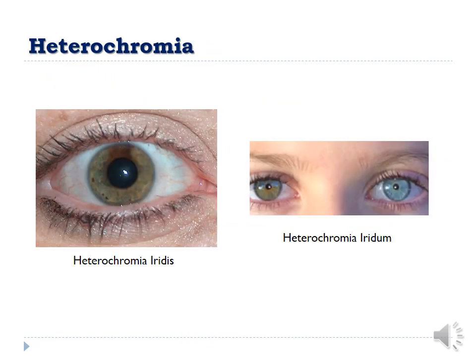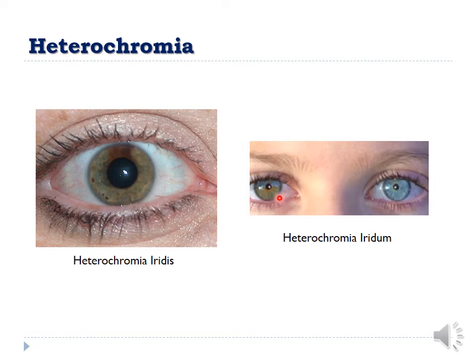Alright, in this slide we'll discuss something abnormal, a couple of disease conditions. When you look at these two pictures, let me take the laser pointer. This iris is much lighter compared to this iris.